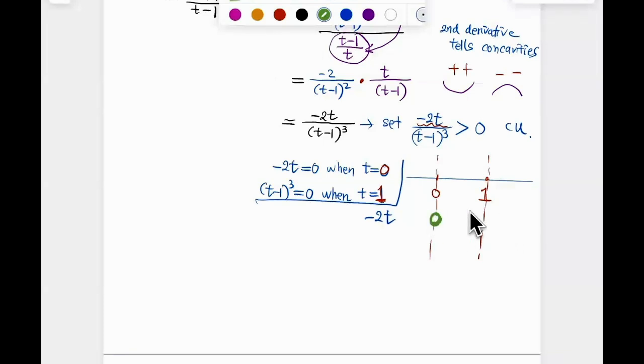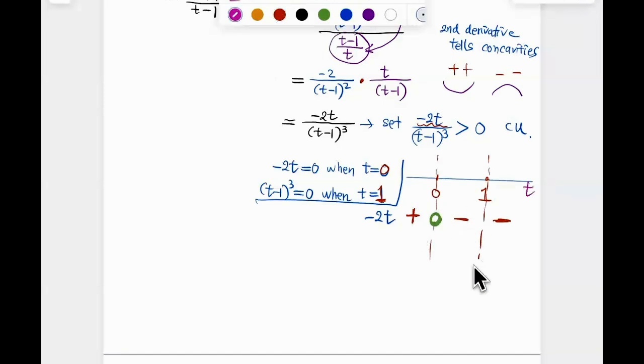Good. So it's going to be negative here because this is the opposite of 2t. When t is positive, negative 2t will be negative, because of the opposite sign. And it's going to be positive when t is negative. Okay, good. This is the sign chart.